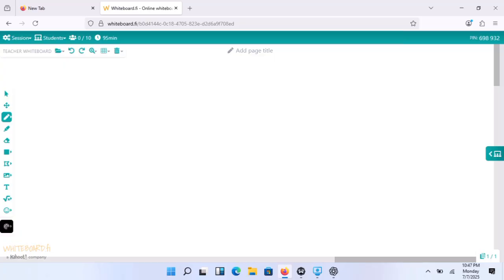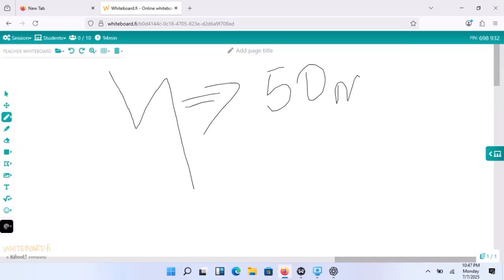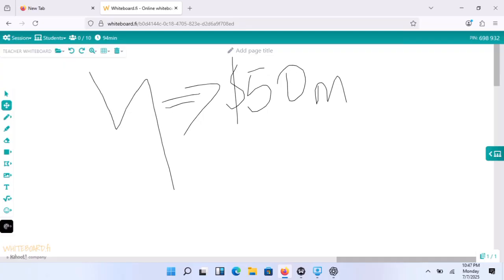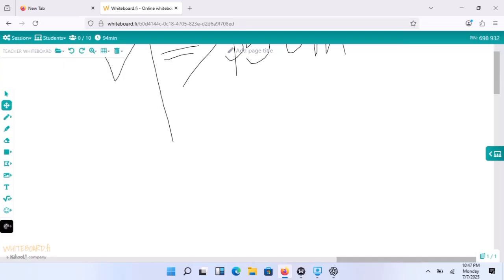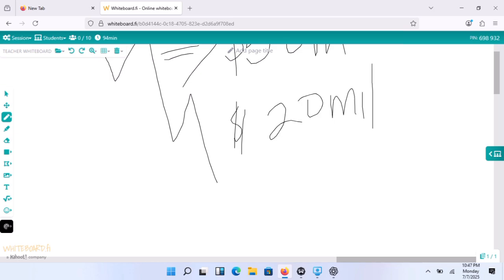So now, this is what it is. Look at this now. This transaction that happened here is the $50 million, right? This one was it $20 million I wrote? $20 million.